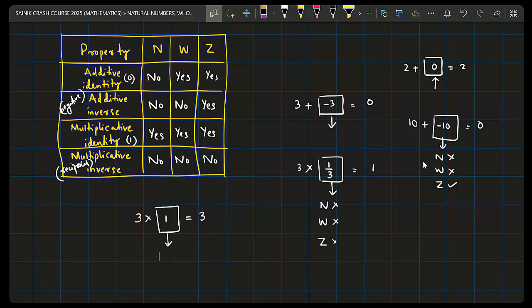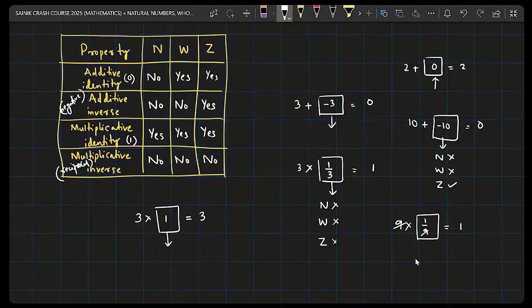Manaswini: Sir, I didn't understand multiplicative inverse. Tell me any natural number, Manaswini. Sir, 9. 9 you multiply by which number so that the answer is multiplicative identity 1? We learned multiplicative identity is 1, right? Sir, the answer is 1 by 9. 9 into 1 by 9 is 1, or not?